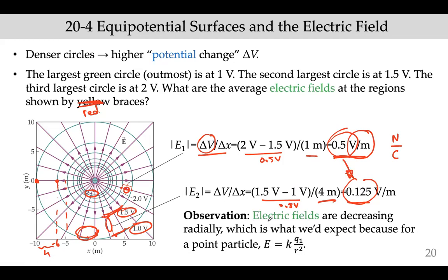So the observation we can make is that the electric fields are decreasing radially, so their magnitude is decreasing, which is what we would expect, because for a point particle the electric field strength is given by this formula. You can see we have r squared in the denominator. As you go far away from the charge, it makes sense that the electric field goes down.